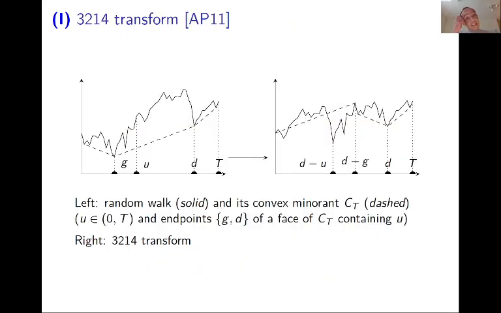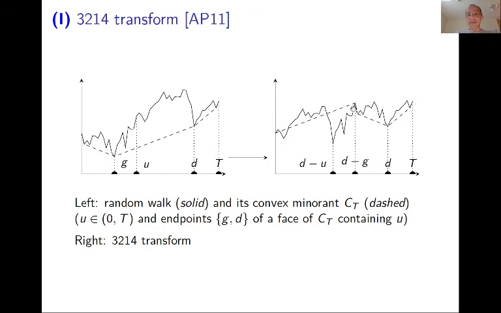Let me say one or two words about this 3-2-1-4 transformation of Abramson-Pitman. This is really a combinatorial observation. You take increments of a random walk, let's say a random walk with a density, and then you condition on these increments and do a path transformation. This path transformation consists of doing size-biased sampling of the faces of the convex minorant. You pick a face by some uniform random variable, you take it out of your convex function, and you stick this bit and this bit at the end.